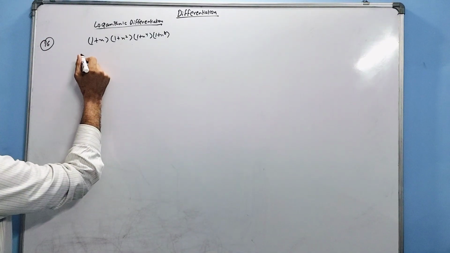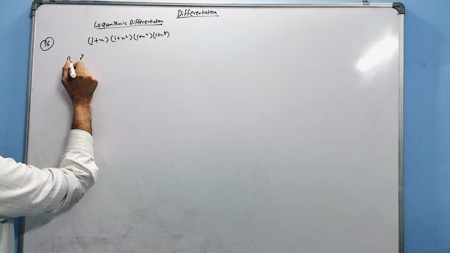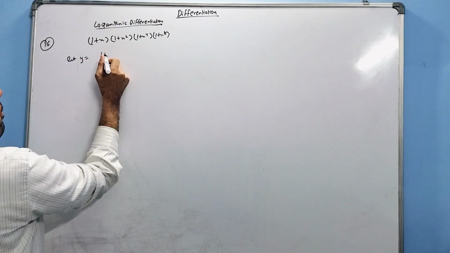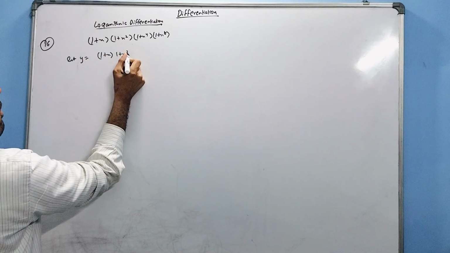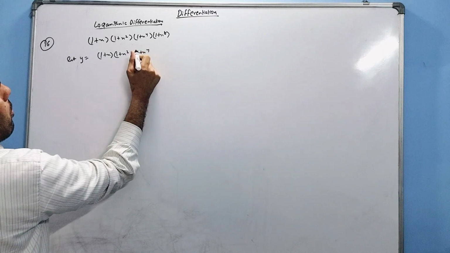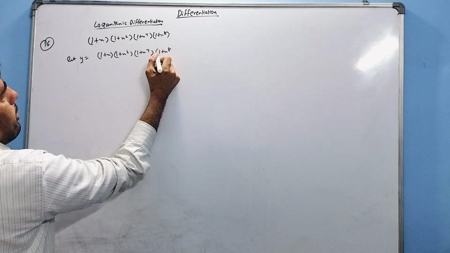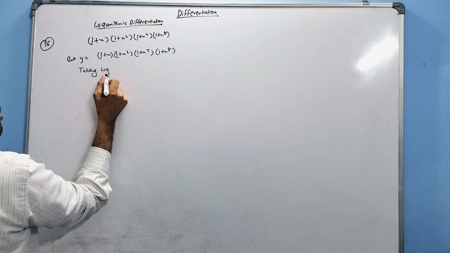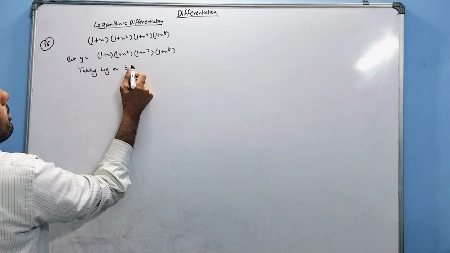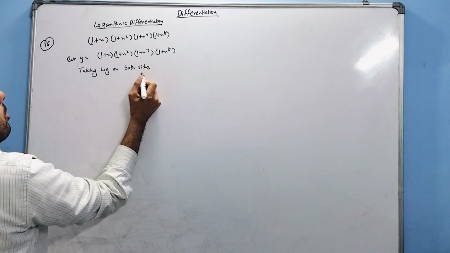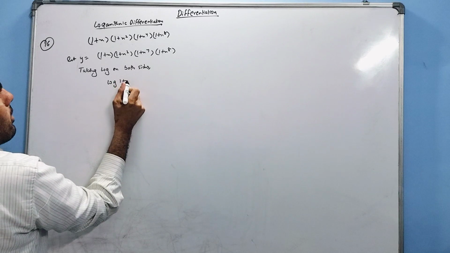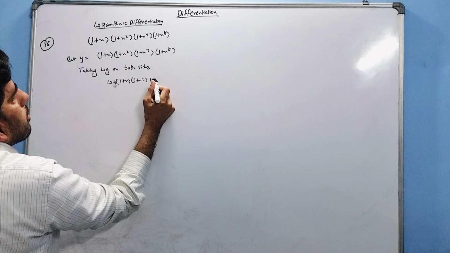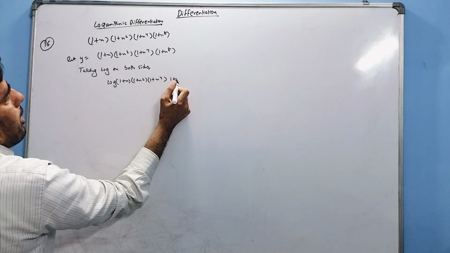Let we say that y is equal to 1 plus x, 1 plus x square, 1 plus x4, 1 plus x8. Okay, so what we'll do, taking log on both sides. So what do we have here? Log of 1 plus x, 1 plus x square, 1 plus x4, 1 plus x8, log of y.